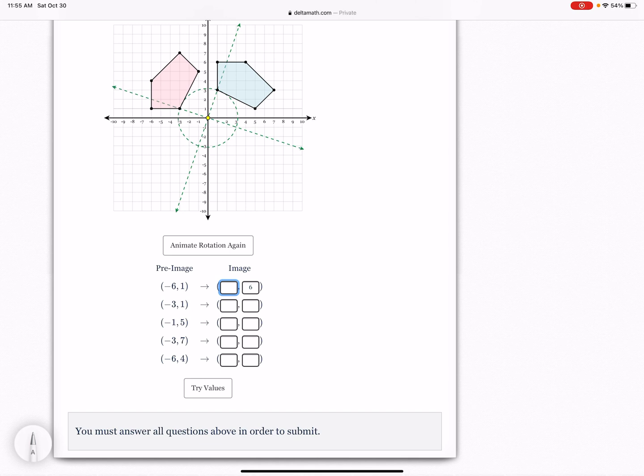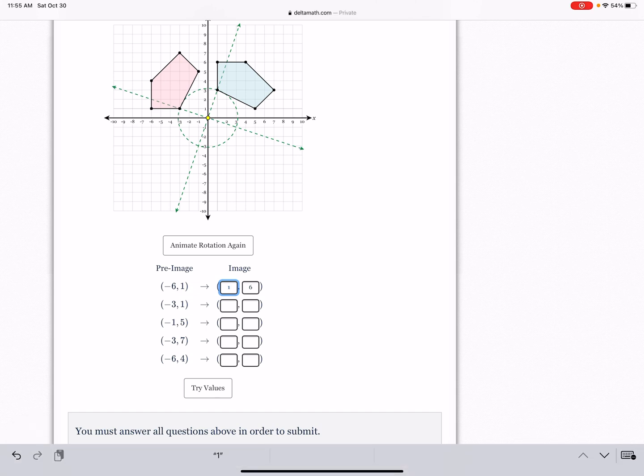What happens with the x values? This 1 becomes y there and still remains +1, so it doesn't change sign. Let's change all of them. -3 becomes +3, then -1 becomes +1, -3 becomes 3.